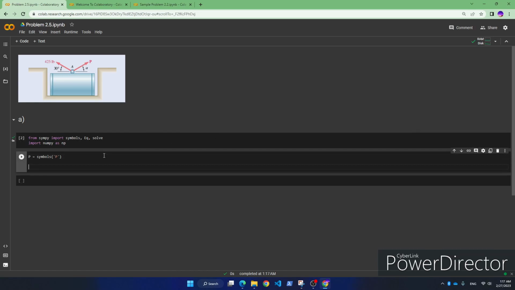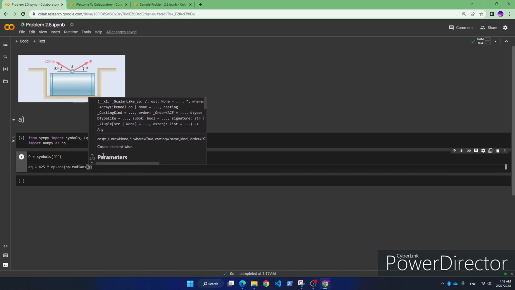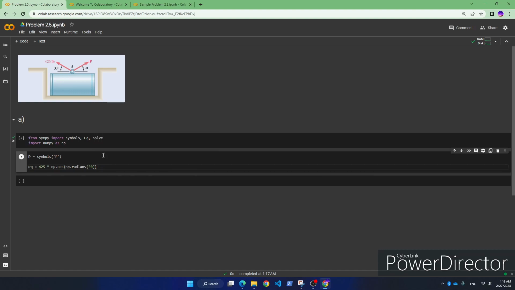Yes, symbol P, and then equation, let's say that, so 425 times numpy cosine radians 30, right, minus P times alpha.